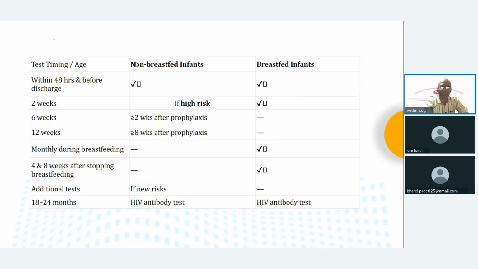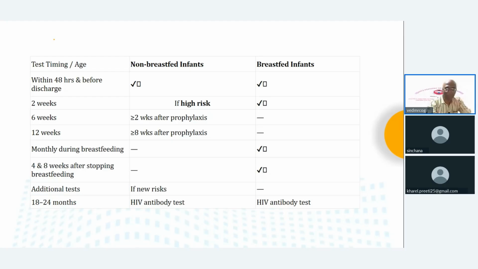Now when the baby is to be tested, the baby is tested for RNA PCR within 48 hours or before discharge in the non-breastfed group, and then 2 weeks after the prophylaxis. The baby will receive the prophylaxis for either 2 weeks or 4 weeks. It may be monotherapy or combined multiple-drug therapy.